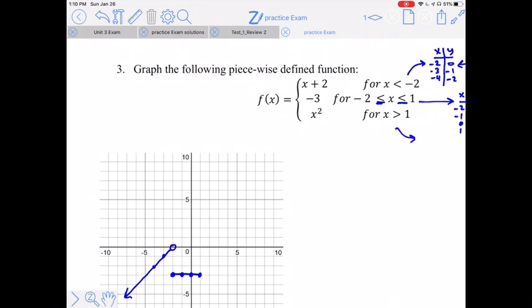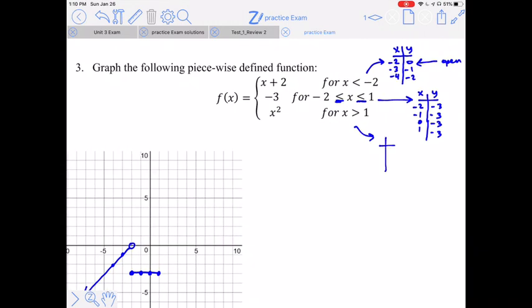Now, this bottom piece says starting at 1 here, and then greater than 1. To find the y values, we use this piece, whatever the x value is squared. So 1 squared is 1, 2 squared is 4, 3 squared is 9, 4 squared is 16.